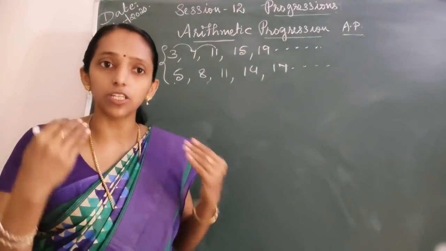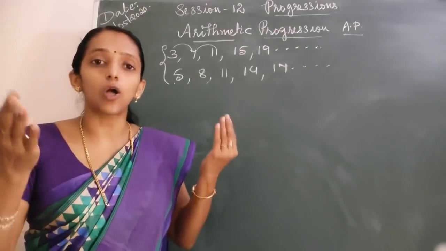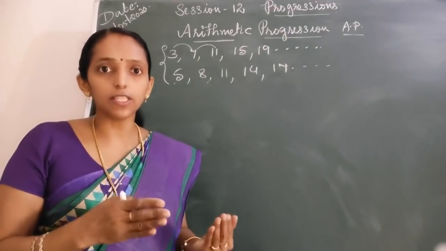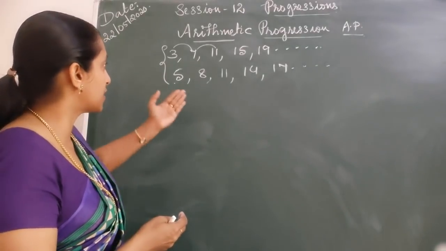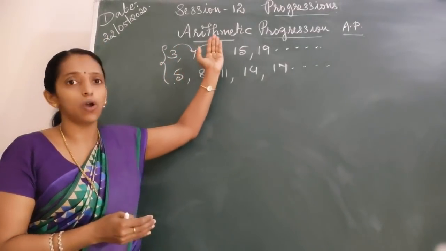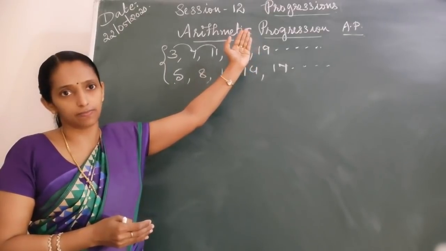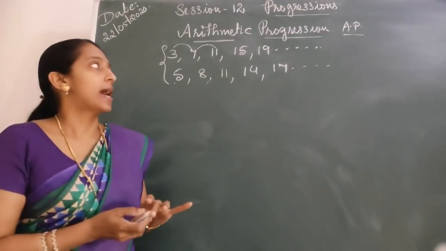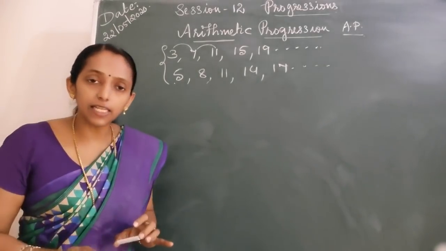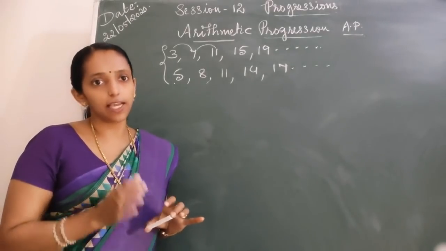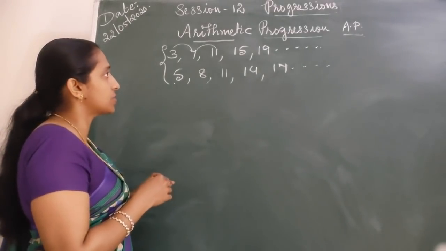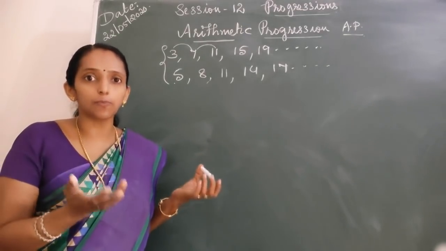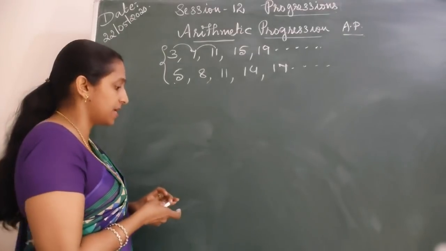So arithmetic progression implies that there will be a common difference with the preceding term, or a fixed number that is added to all the consecutive numbers. That is known as arithmetic progression, and it is denoted by AP. We are going to deal with the terms related to arithmetic progression today.